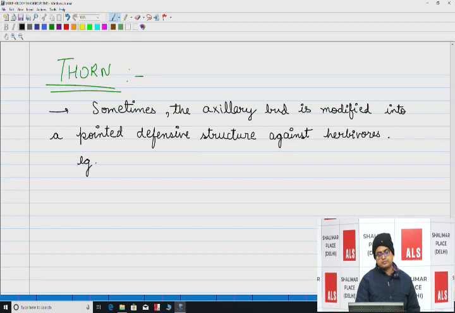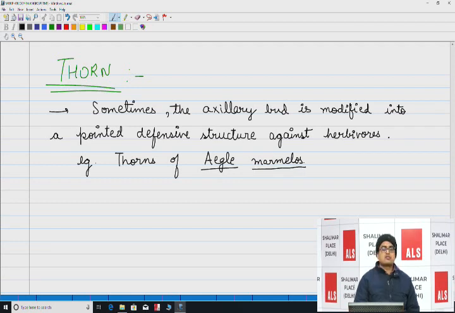Example: thorns of Aegle marmelos. Aegle marmelos is the sacred tree from which leaves for worshipping are derived.